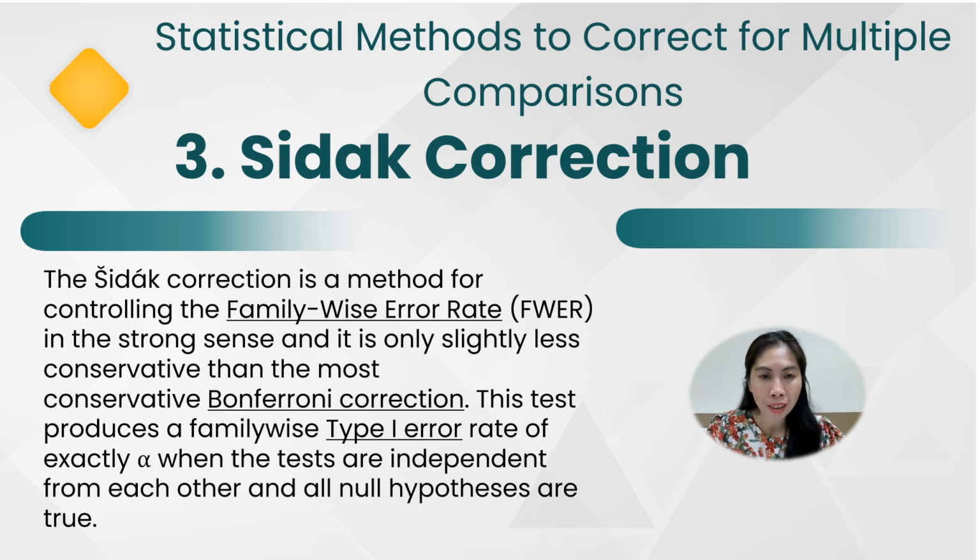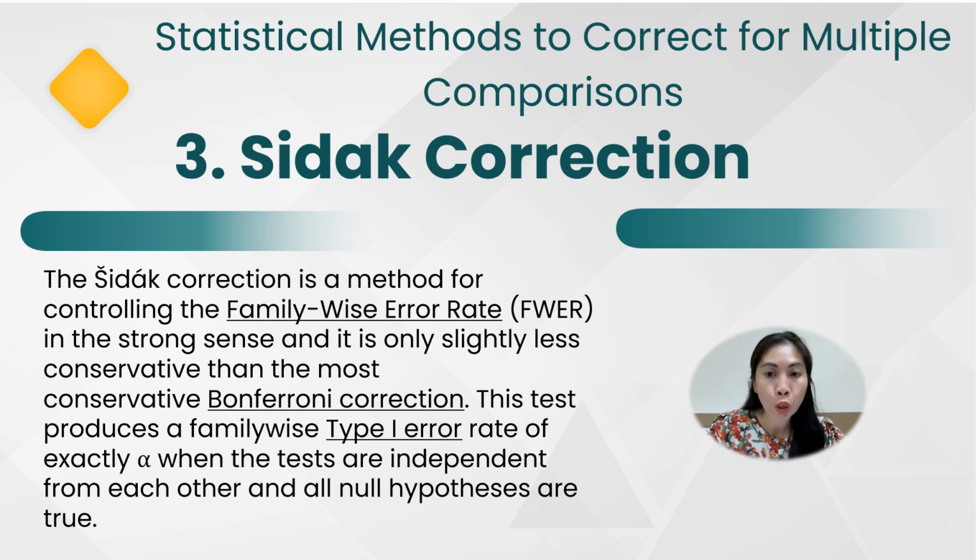The third method, aside from Bonferroni and Hall's method, we have here the Sidak correction. The Sidak correction is a method for controlling the family-wise error rate in the strong sense, and it is only slightly less conservative than the most conservative Bonferroni correction.